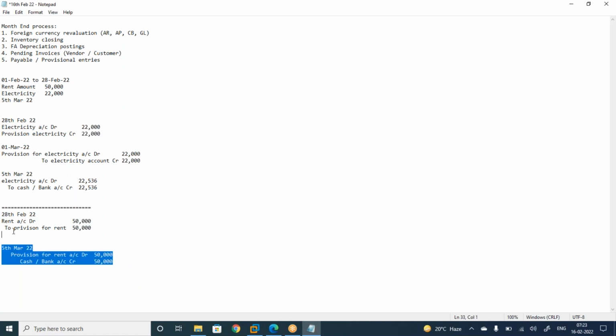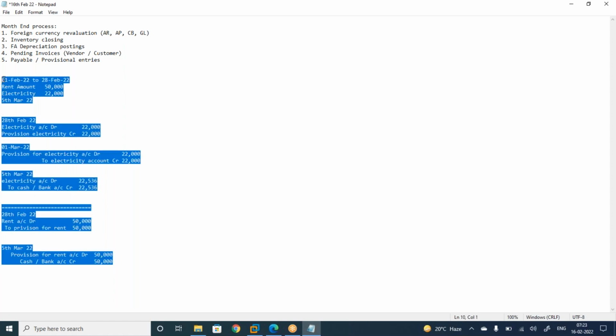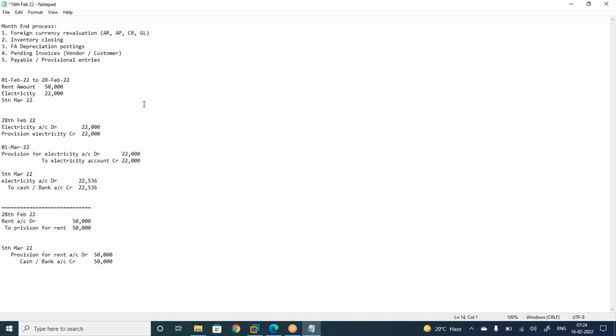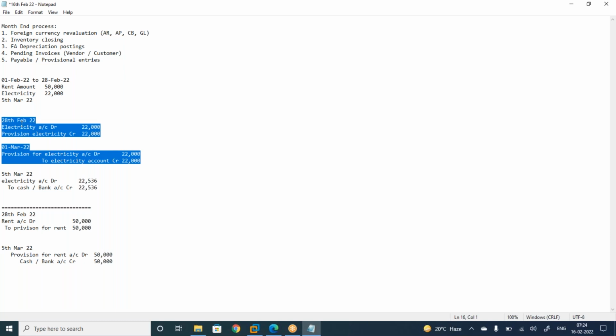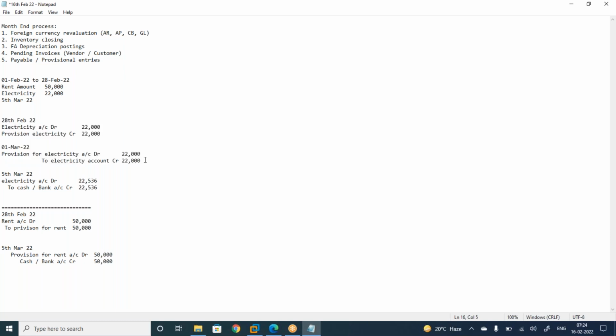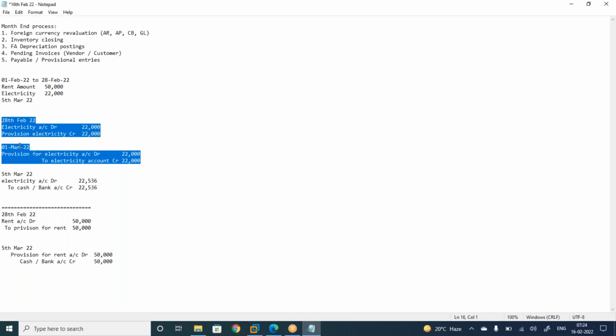So this is pure accounting. You are not going to do anything here. You are not going to work as an accountant. You are going to work as a functional consultant. These entries are passed by accountants. You are not going to do anything. It is simple and very easy in the system. It will be processed. If you want a reversal entry like this, entering on 28th Feb and immediately reversing on March 1st, then in the system we have an option.